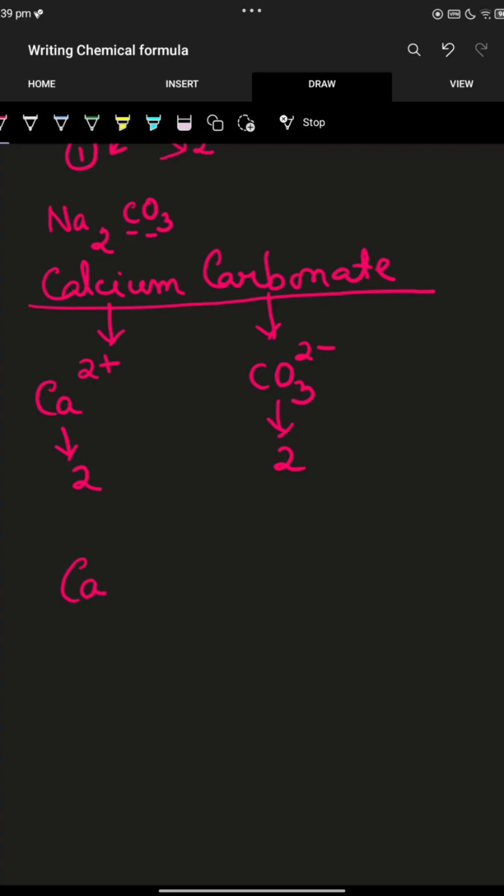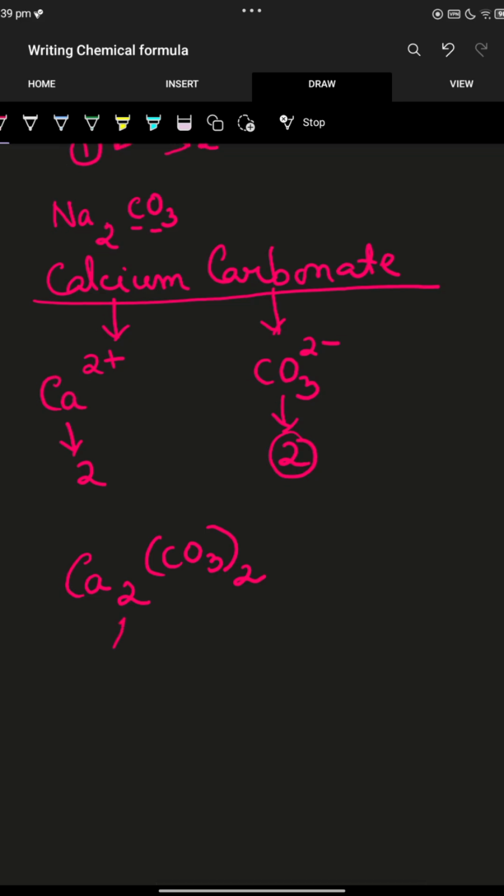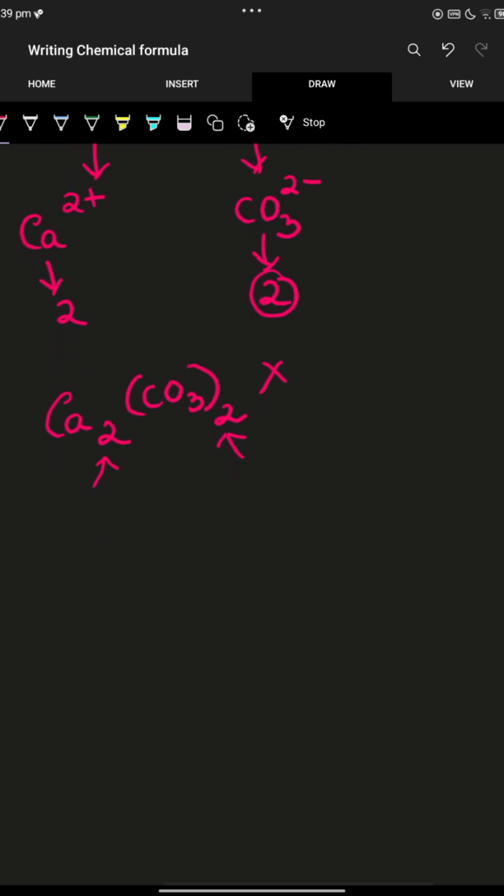Ca gets the valency of carbonate 2, CO3 gets the valency of calcium 2, but you need to reduce this to the simplest ratio between calcium and carbonate. So this we will not write. This is incorrect. So what we will do? Simplest ratio, CaCO3.